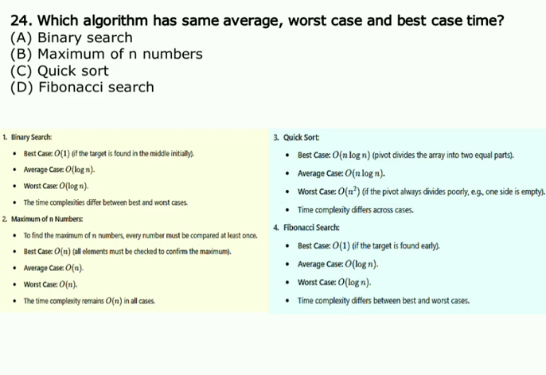So there is a difference between the average, worst case and best case here. And maximum of n numbers has big O of n as the time complexity for all the cases. In the other option, the best and average cases are the same and the worst case is different. And for the Fibonacci series, the best case is big O of 1 and the average and worst cases are big O of log n. So that's why option B is the correct one.